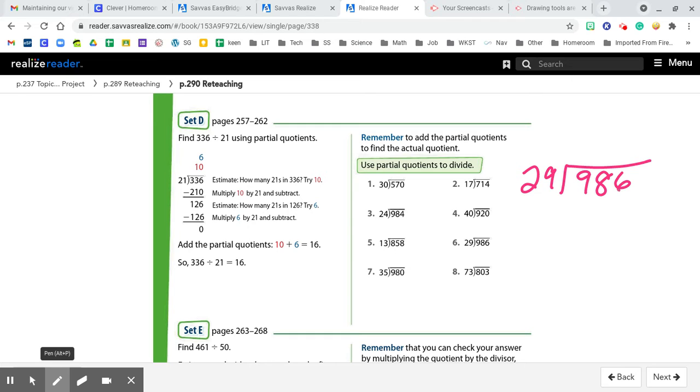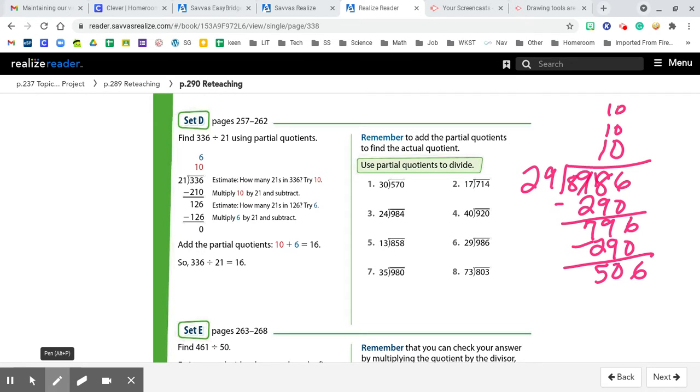986 divided by 29. If I do 29 times 10, 290. Another 10, 290.